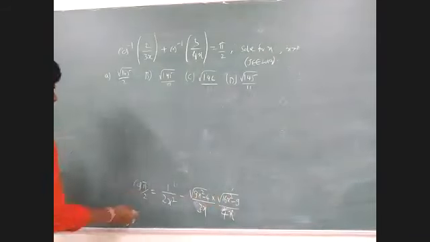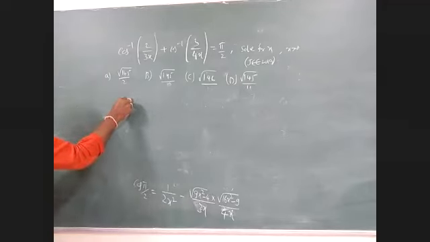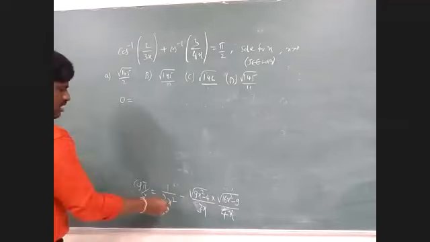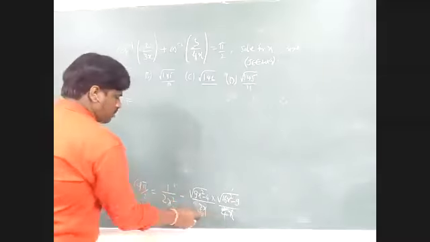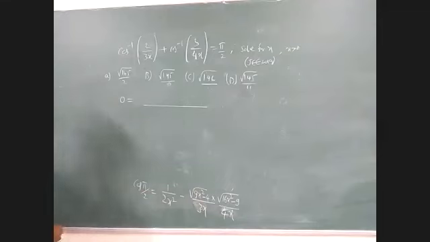Cos pi by 2 value is how much? 0. So here I can write cos pi by 2 is 0 is equal to, 4 3s are 12. LCM will be what? I get 12x square, 12 and 2 LCM. I'll get 12 again.